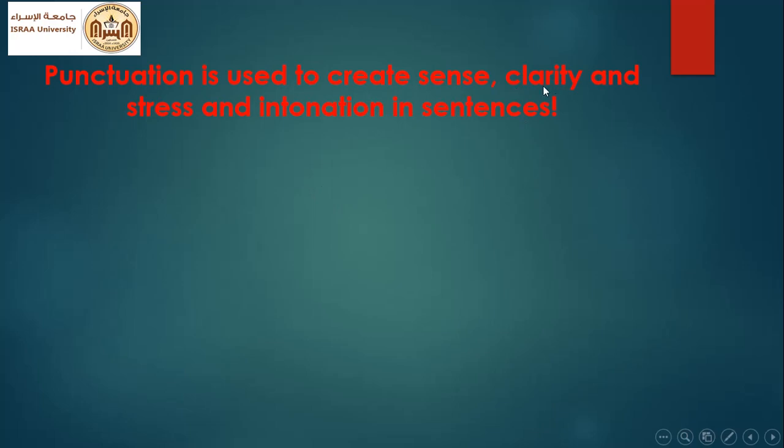Clarity means punctuation marks make your writing clear for the readers. And the stress and intonation also, when you read your writings, you can also use stress, use intonation, so that the listener will understand what you are reading.